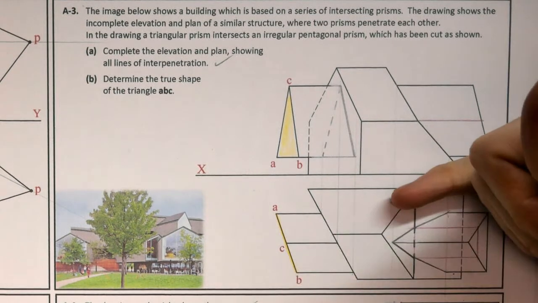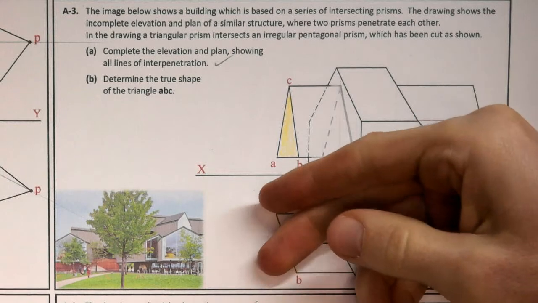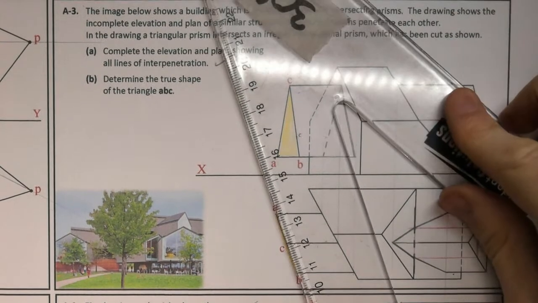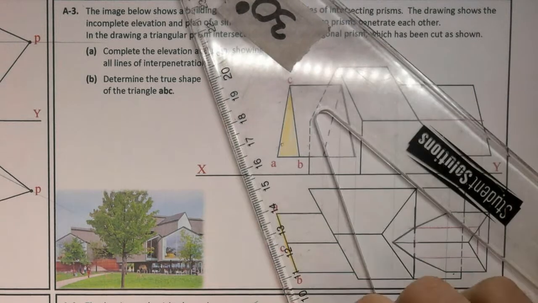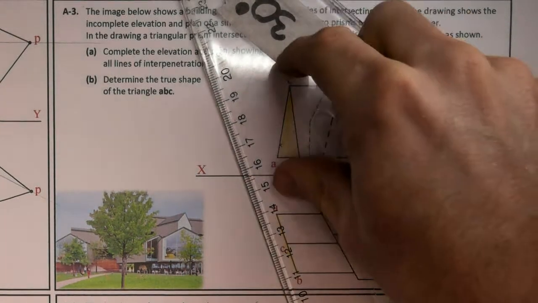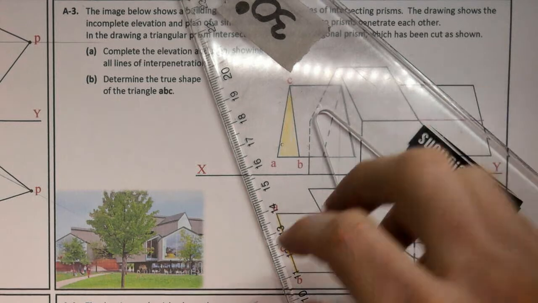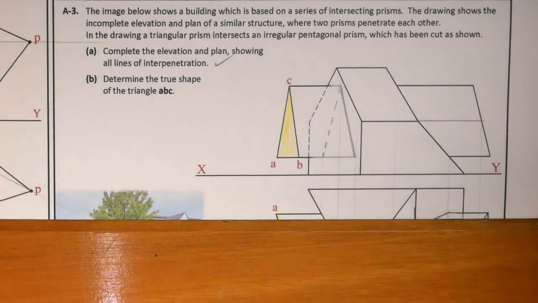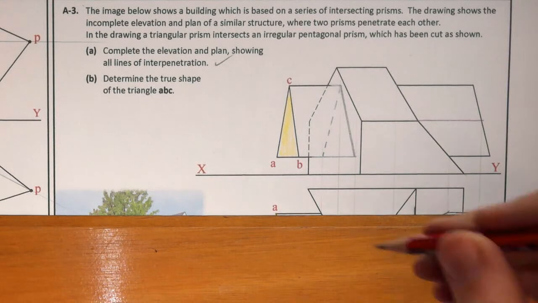You could take an auxiliary view looking perpendicular to it, so set up your sliding set squares, project out here, x1, y1, and you can take heights from your elevation because you're projecting from plan. That's one method. Or we could rotate. So I'm actually going to just do the rotation method here.